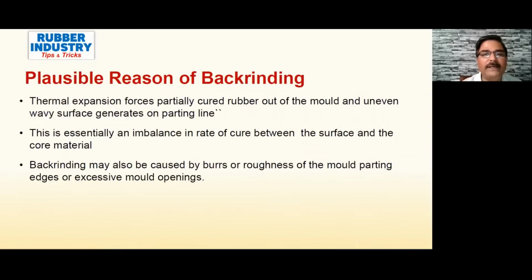So the plausible reason for backrinding is that thermal expansion forces partially cured rubber out of the mold, and an uneven wavy surface generates on the parting line. This is essentially an imbalance in the rate of cure between the surface and the core material.